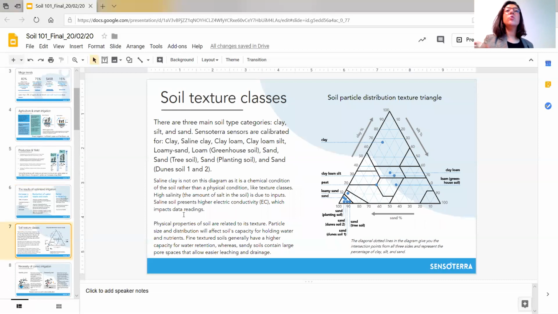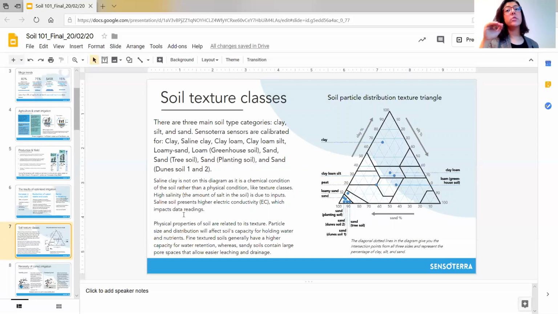Now going to soil texture classes. Here on the right, you can see the soil diagram, known as the soil triangle, which can, depending on the position where your soil is, show you any soil texture inside the triangle.